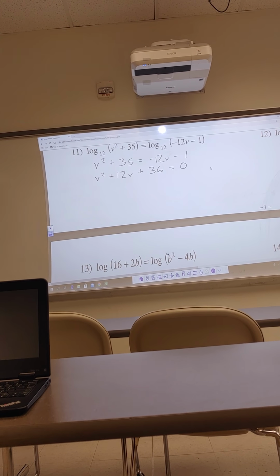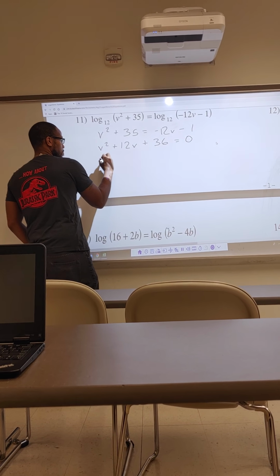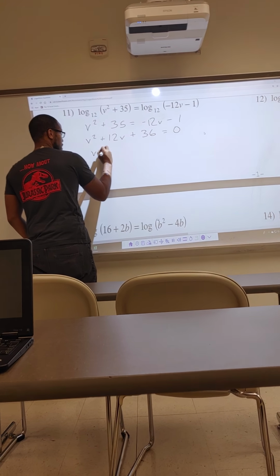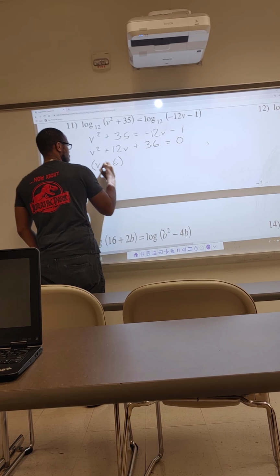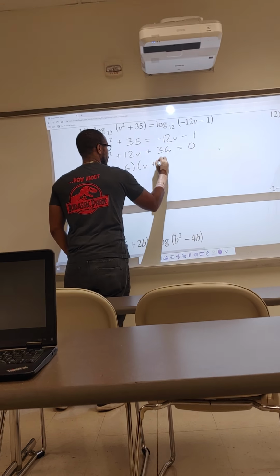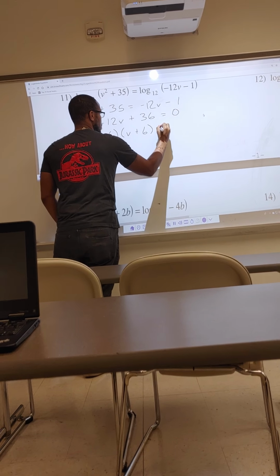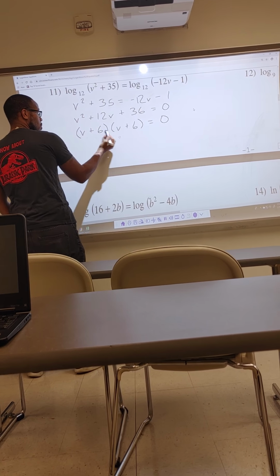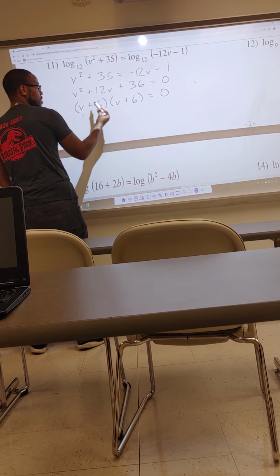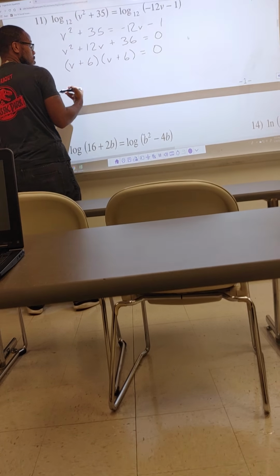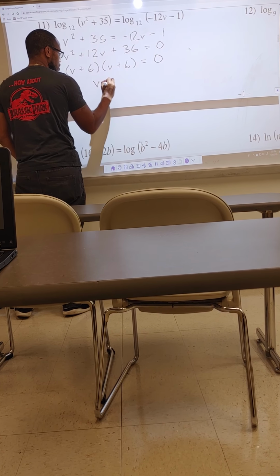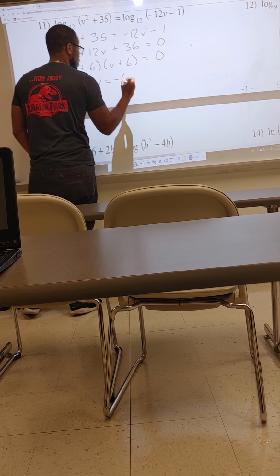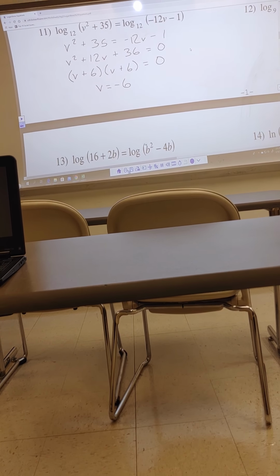And we want to use factoring for math 1, which means we're going to end up with v plus 6 times v plus 6 equals 0. And whichever number makes these equal to 0 gives us our solutions. It's a repeat solution, so our only solution is v equals negative 6.